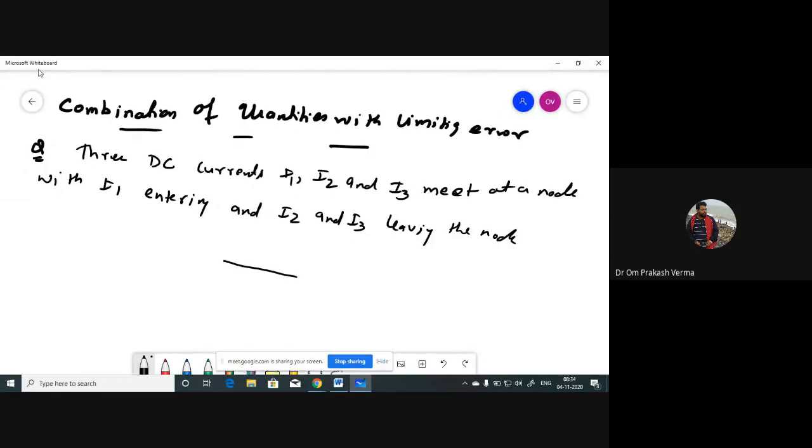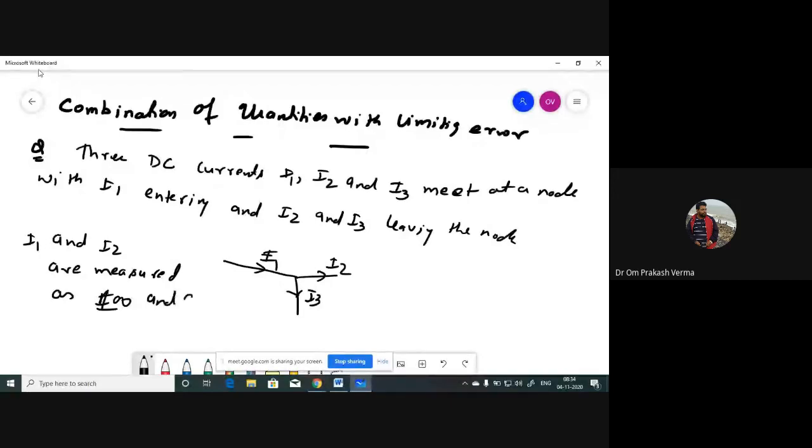The picture is like this: this is I1, and these are I2 and I3. I1 and I2 are measured as, let's say, 100 and 99 milliampere. Both are in milliampere with plus minus 1% accuracy.